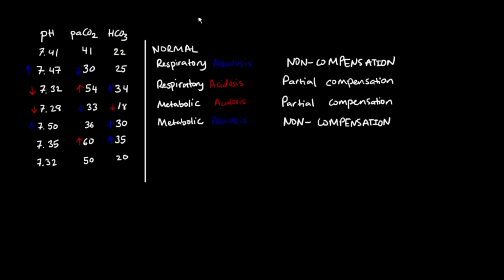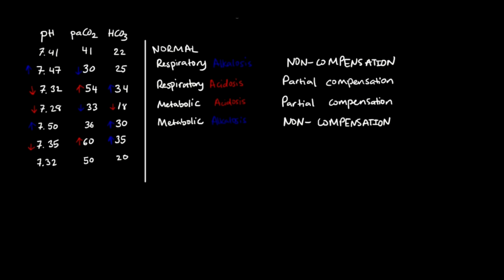In order to use ROME to determine what ABG situation we have, we have to look at the pH. The pH is 7.35, which is normal. However, 7.35 is closer to the acidotic end, and so I'm going to draw a down arrow. With this, we can use ROME to figure out the ABG situation.